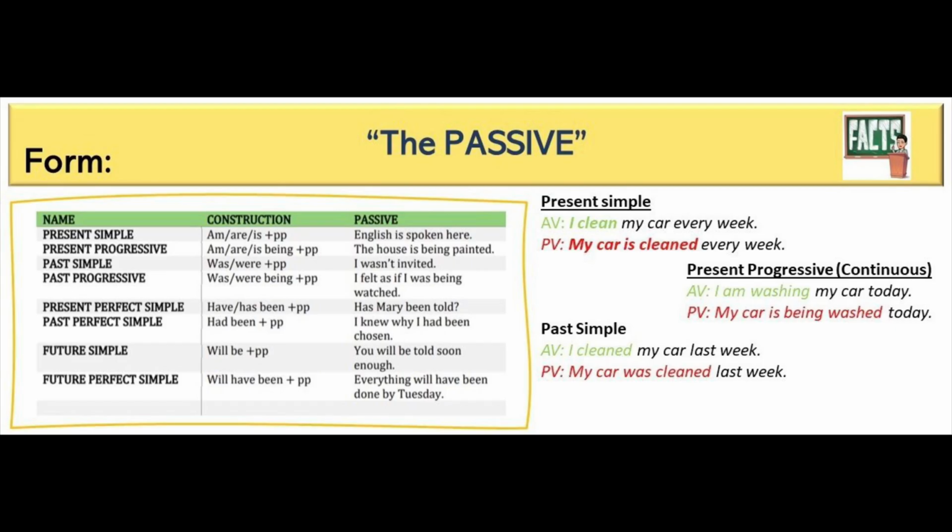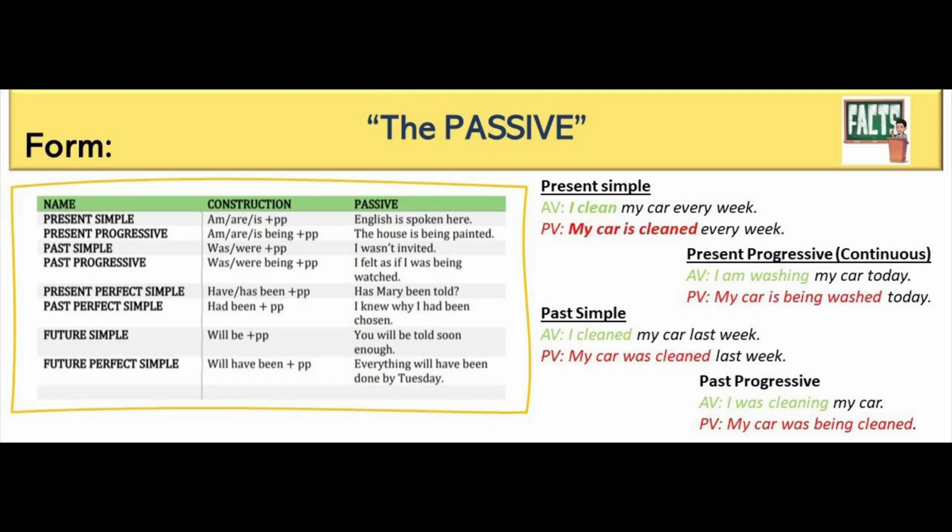Next one, past simple. I cleaned my car last week. My car was cleaned last week. So with the past simple, we use to be in the past tense, so was and were plus past participle. In the past progressive, I was cleaning my car. My car was being cleaned would be the passive version.